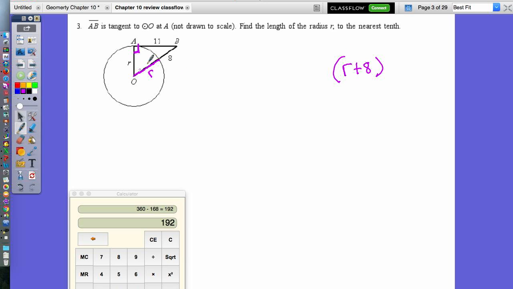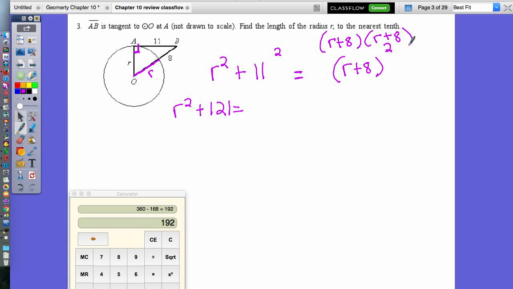I'm going to be using the Pythagorean theorem, so I'm going to be squaring everything. One leg is the radius squared. The other leg is 11 squared, equals r plus 8, quantity squared. So r squared plus 121 equals, I have to FOIL this.